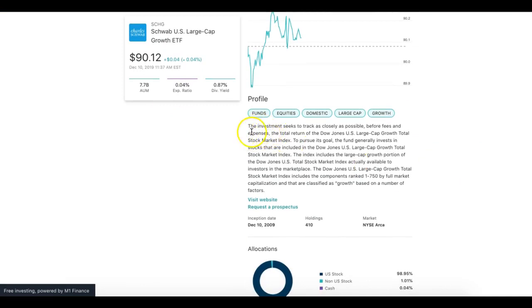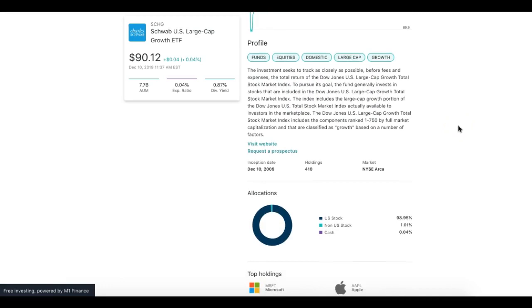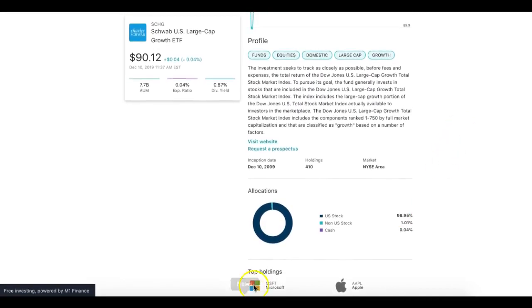You can read a brief description of what the investment is about, and you can see their top holdings here, right? So Charles Schwab is a company that went out and bought Microsoft and Apple. Obviously, they have 410 companies in this holding, so this is one of their top ones.